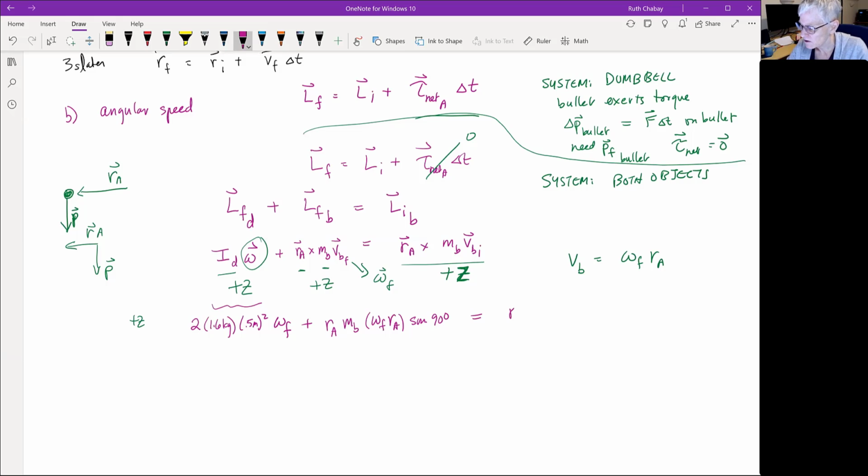And that's equal to R sub A, mass of the bullet, the initial speed of the bullet, sine of 90 degrees.